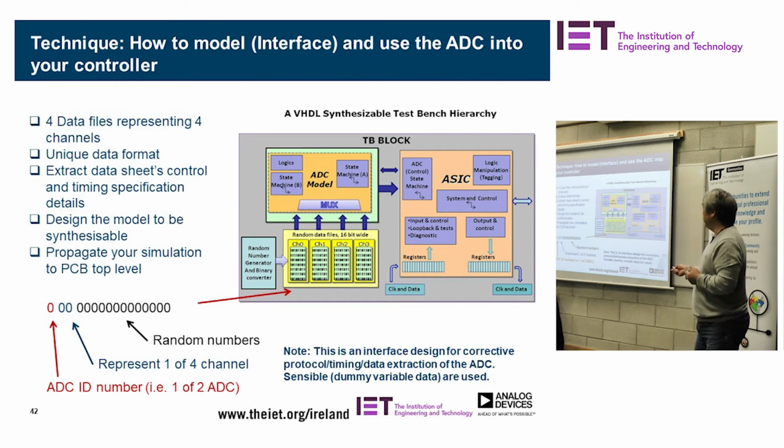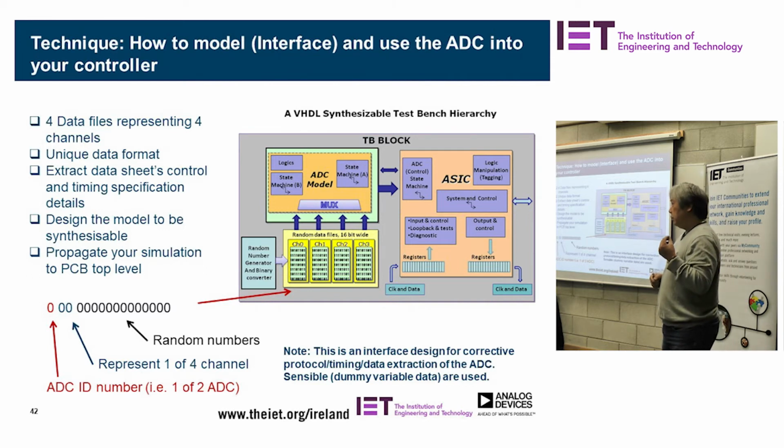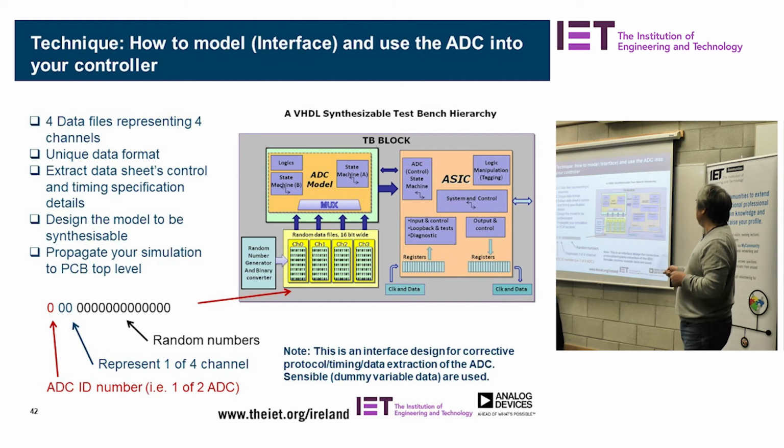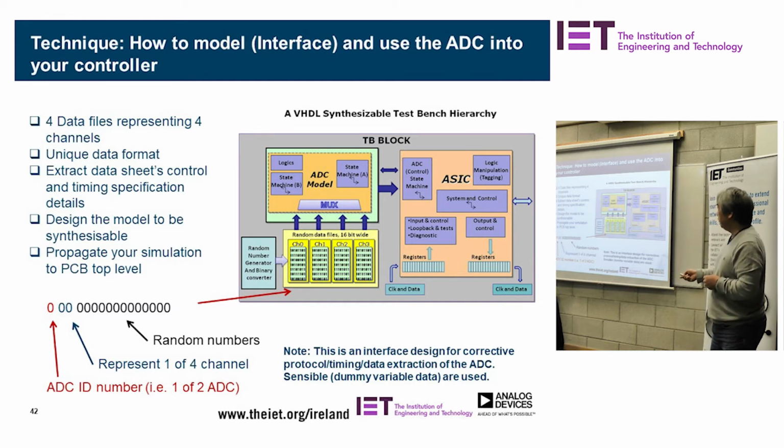All I'm interested in is interfacing the transaction, to make sure that when the PCB comes back, it works first time without any bugs. So I started modeling it this way, with a random number generator generating the bits, and 4 channels for my 2 ADCs.